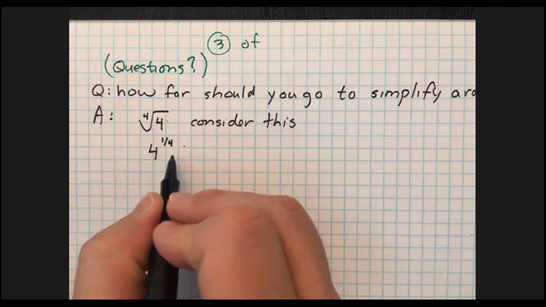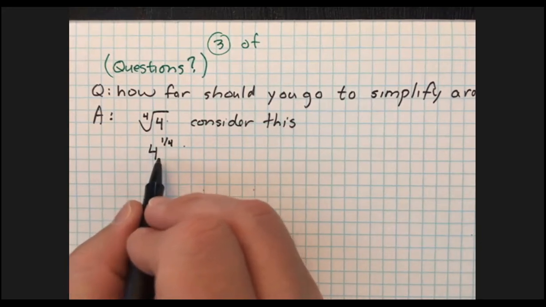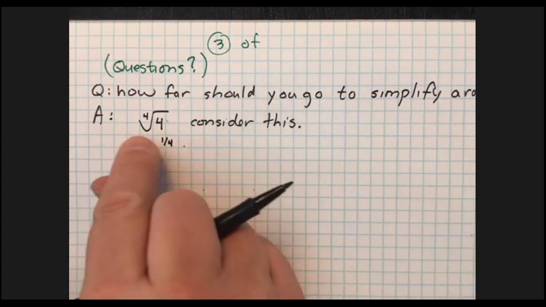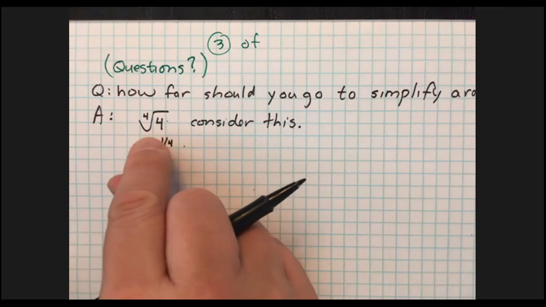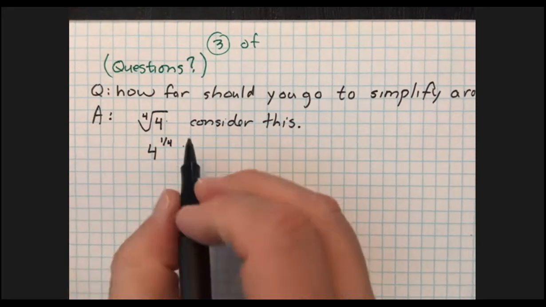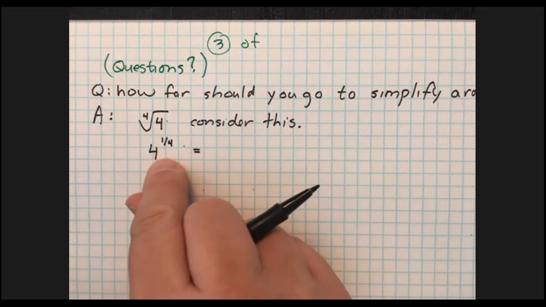Closer to what you're doing in these problems, where we write the fourth root as a 1/4 power. Now, I understand that fourth root of 4 is not a nice number. It's not a clean number like 1 or 2. But I do want you to consider this. That does not mean you cannot simplify this.